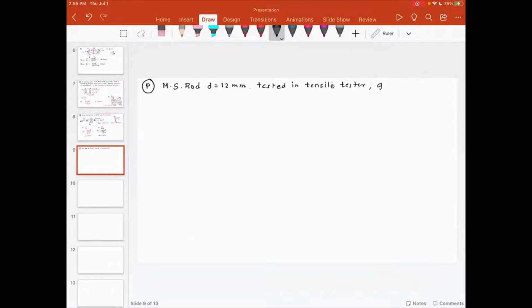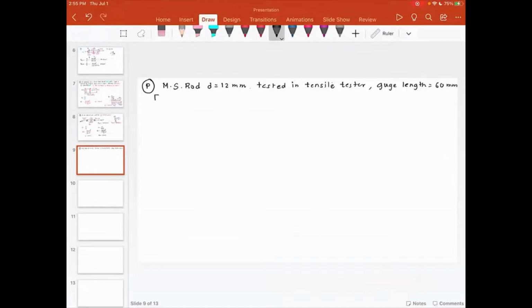The gauge length is equal to 60 millimeter. After the tensile testing, this is what we observed.